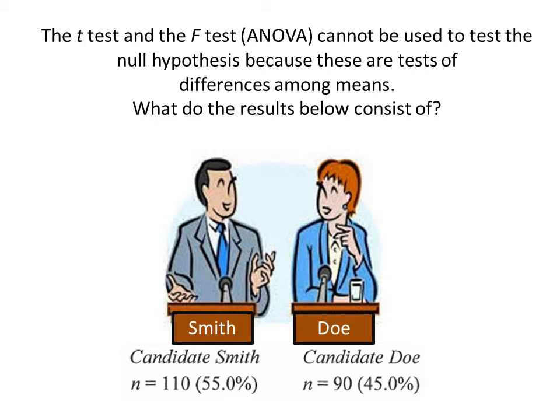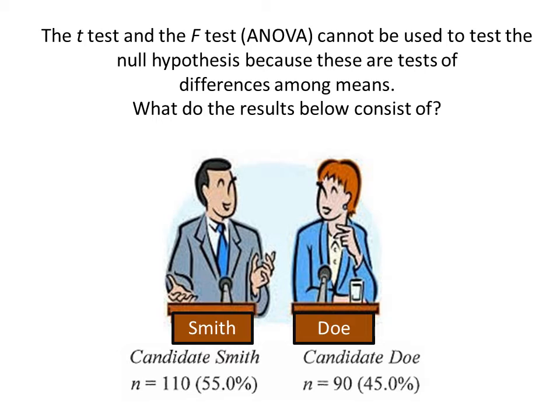For example 1, the t-test and the F-test, the ANOVA, cannot be used to test the null hypothesis, because they are tests of differences among means, and these results are not means. They are the number of cases, the N, and the percentages.